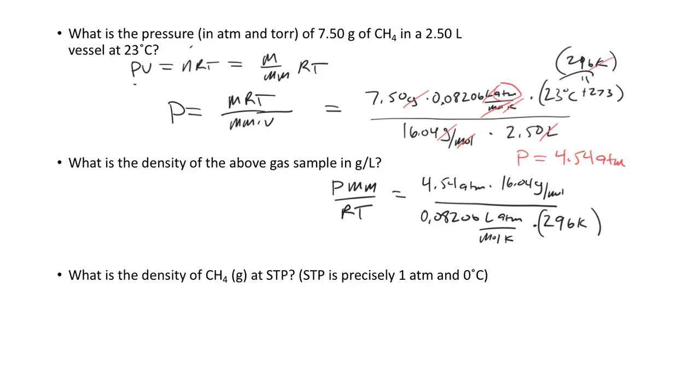I get 3.00. Now let me think of the units to make sure everything works, but my ATM cancels, the Kelvin cancels, the 1 over mole flips up to cancel into the per mole, and what I'm left with is grams per liter.